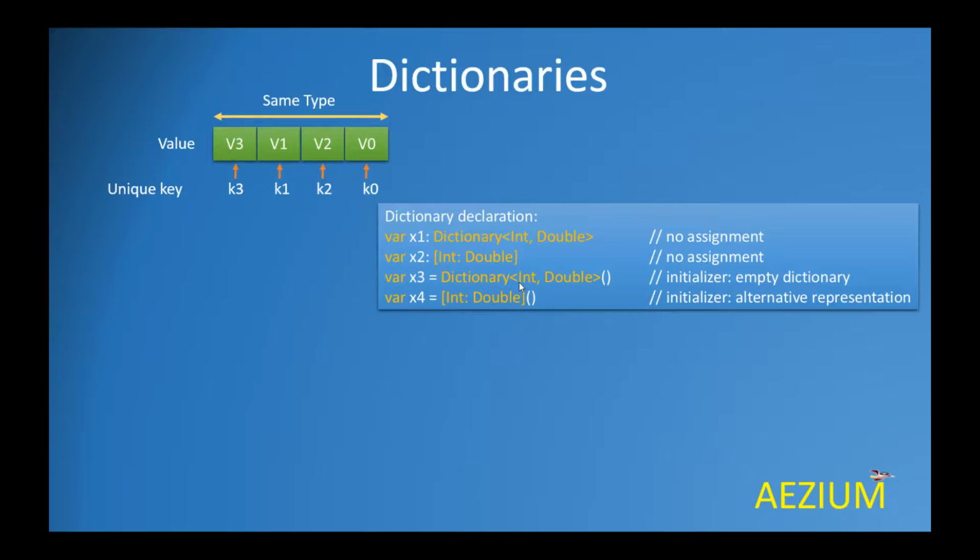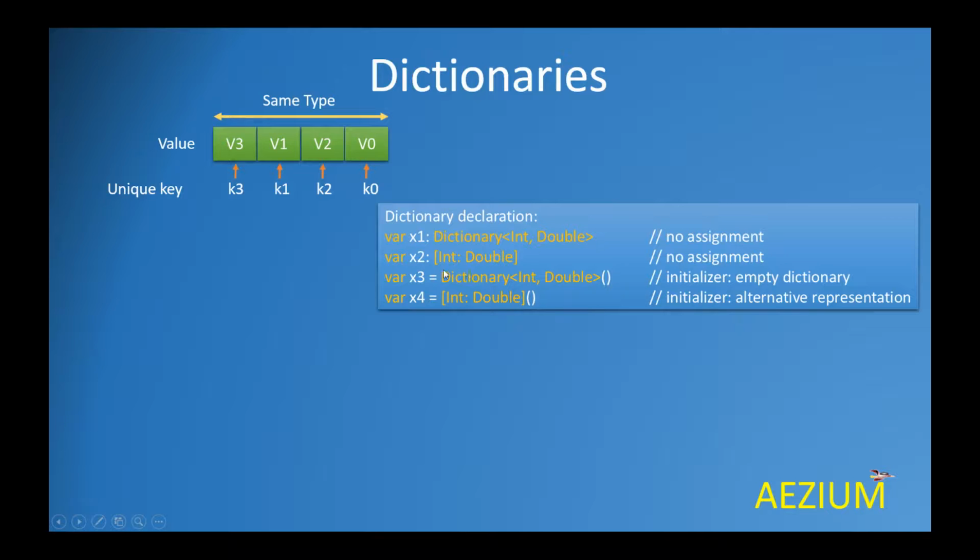We could use the initializer format in a similar way that we've seen in the past in the case of other types, where in this example we are saying x3 is a variable of type dictionary where the key is of type integer and the value is of type double. So it is important again to notice that in all these declarations, the type is given by the dictionary of type integer and double.